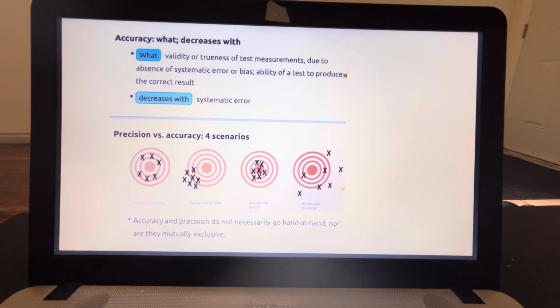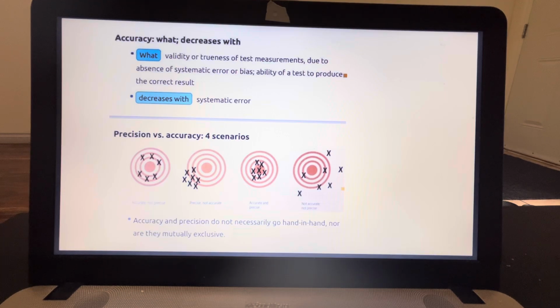Then we have accuracy and precision, very important from an exam perspective. Usually they ask with this diagram, they will give you four pictures and ask which one is accurate or precise, or they can give you an example like this test is done and the true value is 72, and the results are like 69, 70.